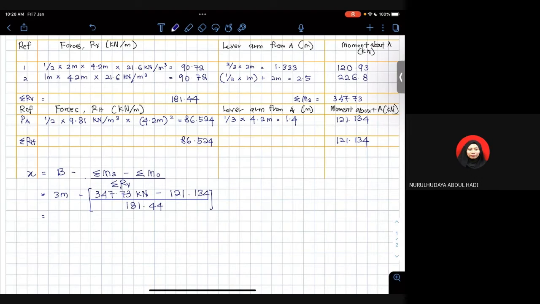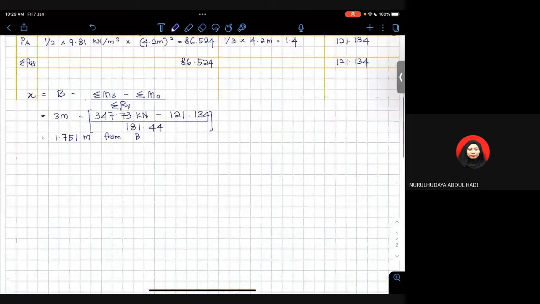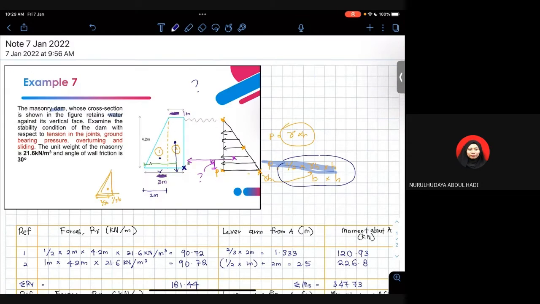I dapat 1.751 meter from B daripada heel. Jarak dia adalah 1.751. Ground bearing pressure ni kita kena kisah pasal value of X sebab kita nak tahu formula mana kita nak pakai.